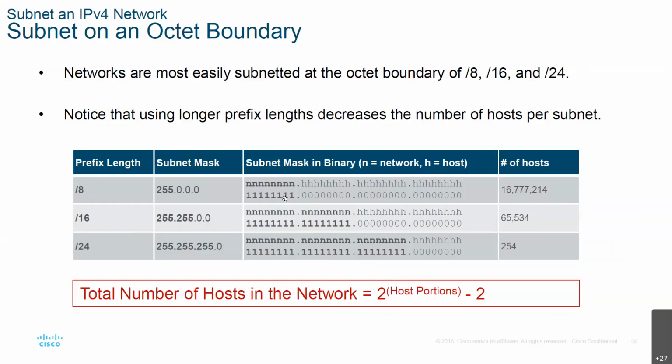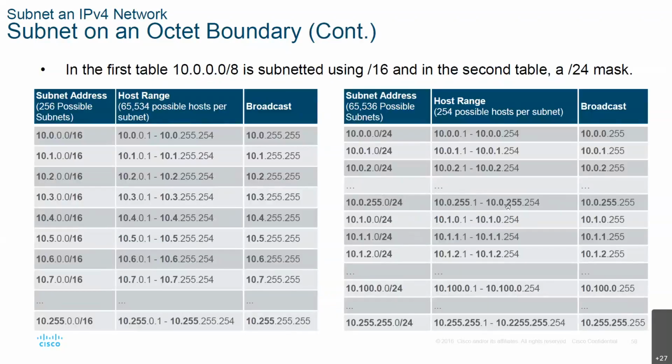And actually, you can go beyond that. Let's have a look. For example, in a network which is /8, that means the network bits are 8 bits and the host is 24 bits. Let's say I want to subnet this by using /16. If I do /16, I can create 256 possible subnets.